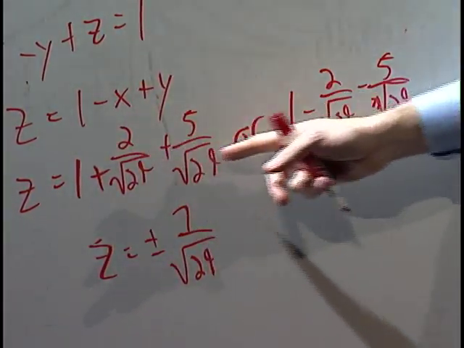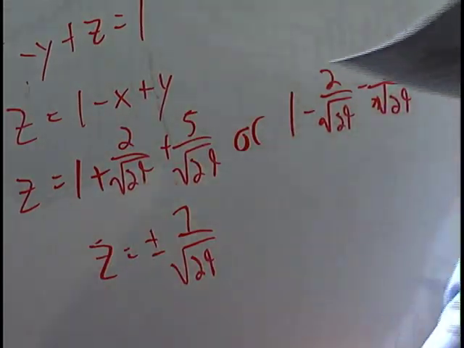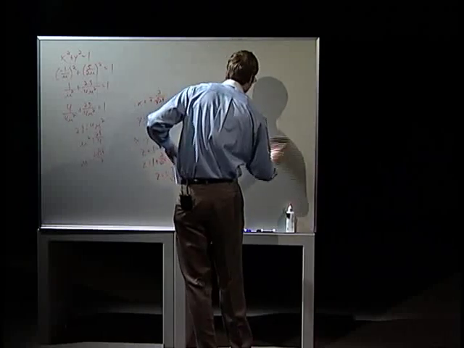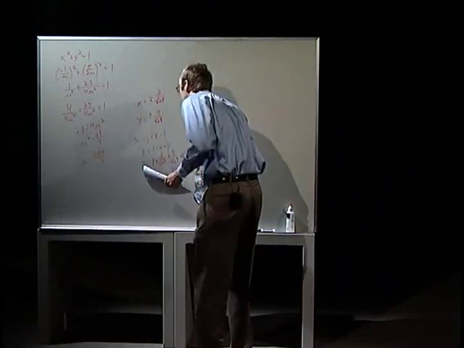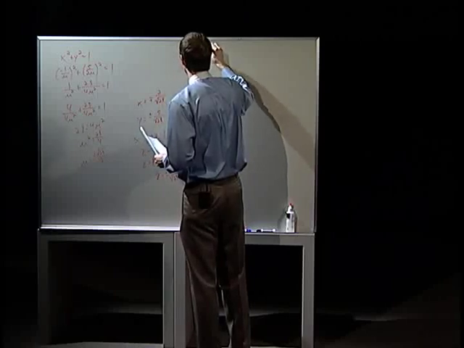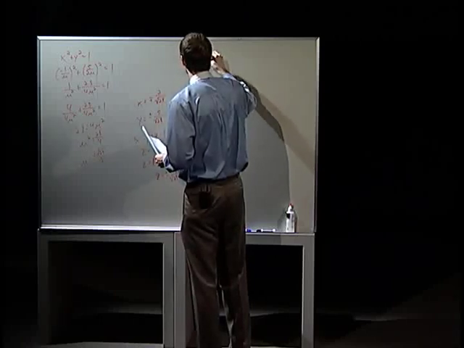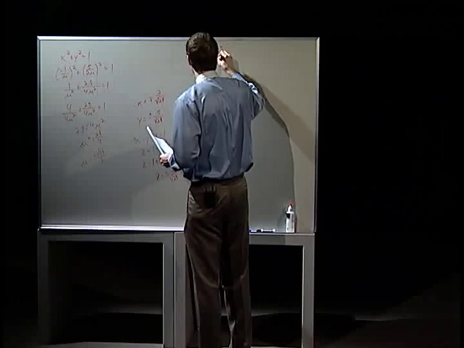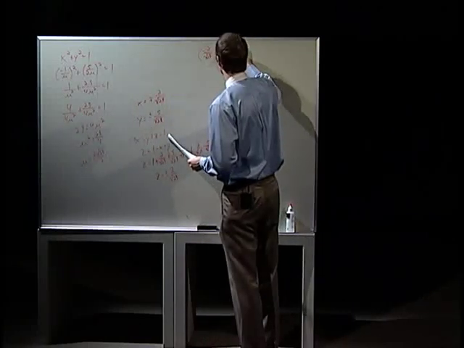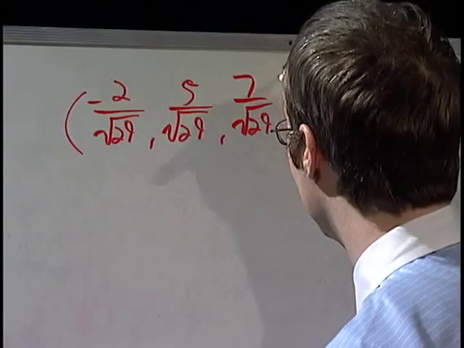There's positive 7 over root 29. There's minus 7 over root 29. And so if you plug all that in, I'm not going to do it on the board, but if you plug all those in, what you have is 4. So let's see, you have points that look like negative 2 over root 29, comma 5 over root 29, comma 7 over root 29. That's one possibility.